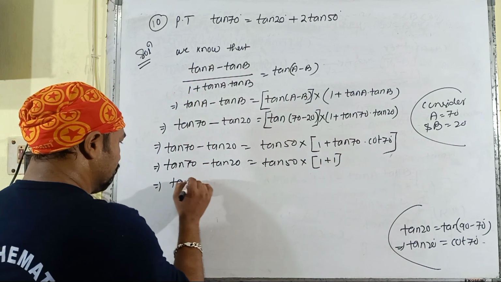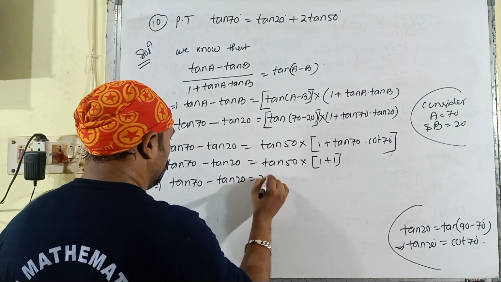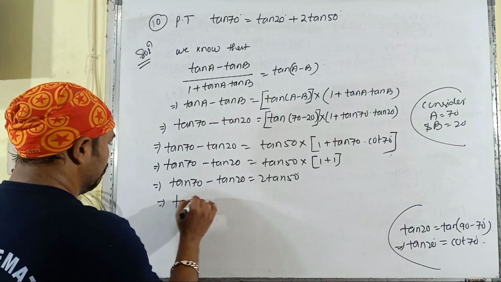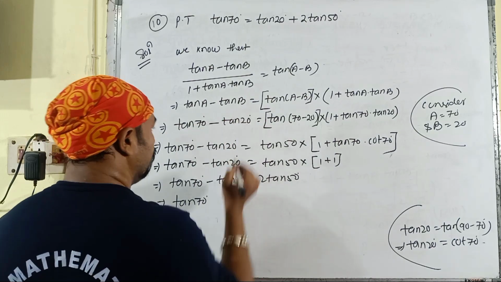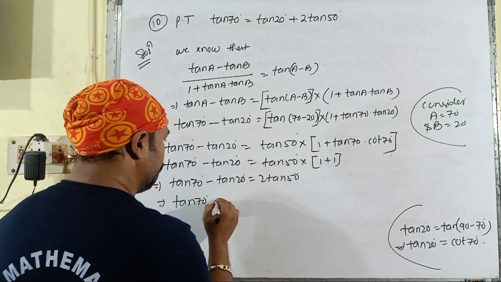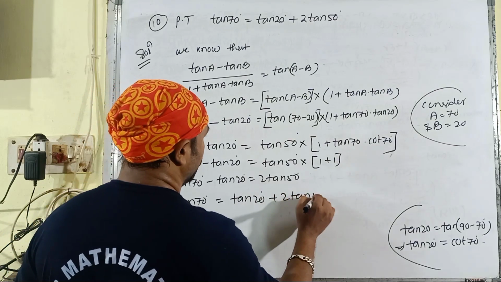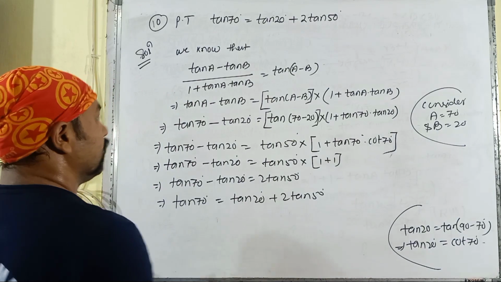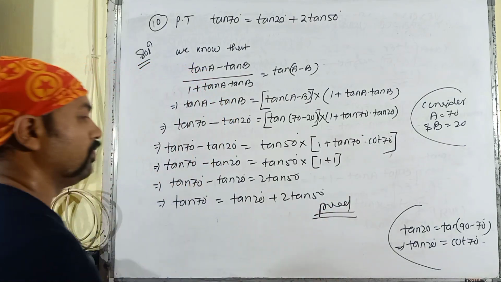So tan 70 minus tan 20 is equal to 2 tan 50. Then tan 70 degrees is equal to tan 20 degrees plus 2 tan 50 degrees. And here is the proof of problem number 10.